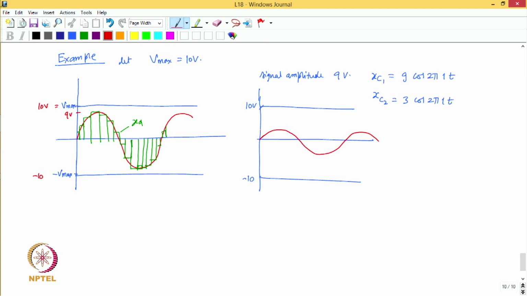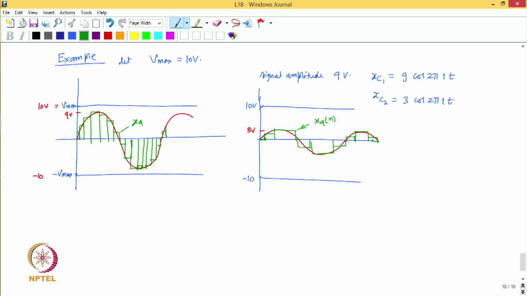So, this is 3 volts, and what kind of quantization it is likely to lead to, it may have, okay. So, this is how the quantized signal is likely to look like.